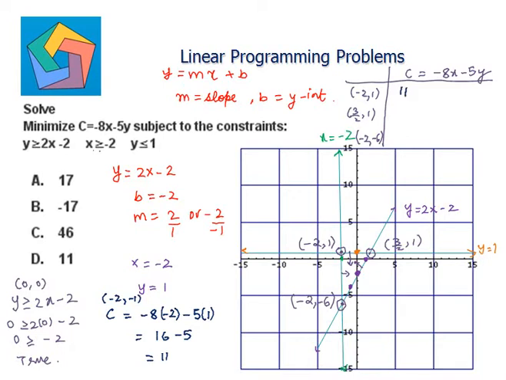Similarly, we can put in 3/2, 1 and we will get negative 17, and putting in negative 2, negative 6 will give us 46 as the C value. Now we need the minimum C value. So the minimum C value will be negative 17, which occurs at 3/2, 1. So B, negative 17, is the answer.